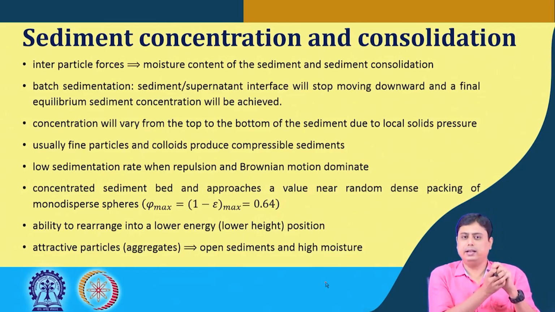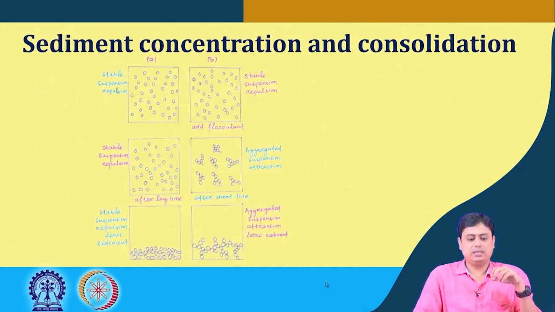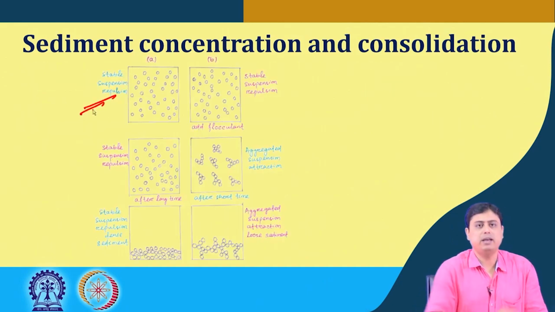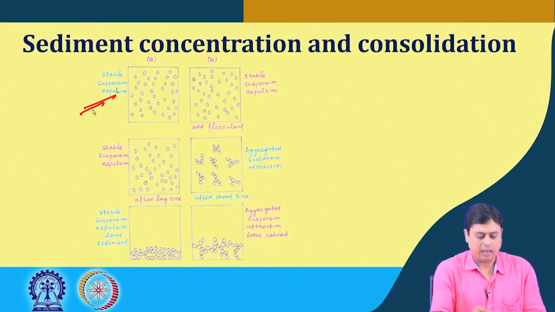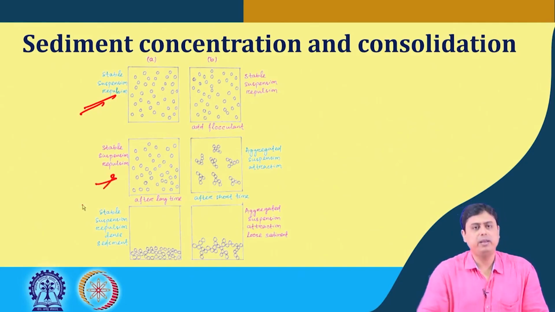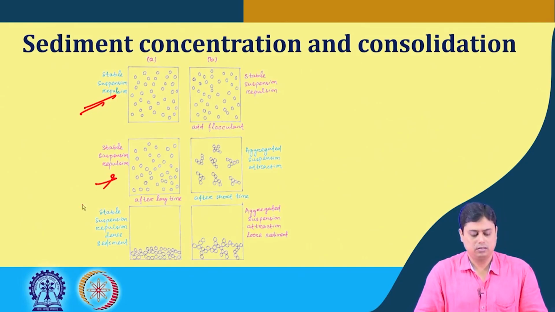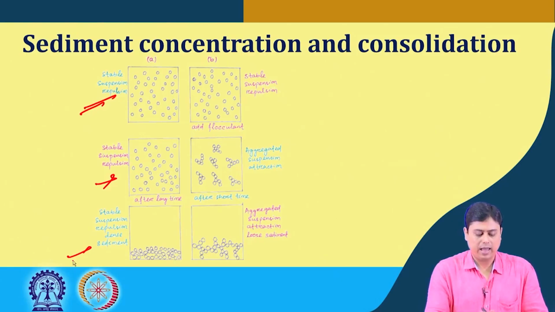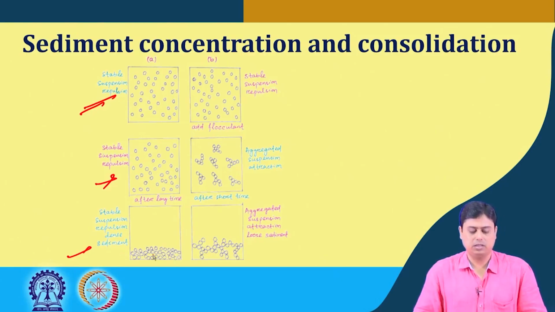So, the scenario is something like this: this is, say, the stable suspension by repulsion. After a long time it would remain in the same state. Again we put it for a further longer time, and we have a stable suspension with a dense sediment.